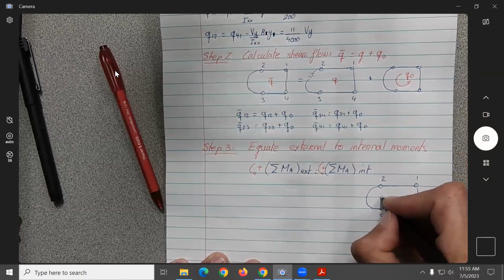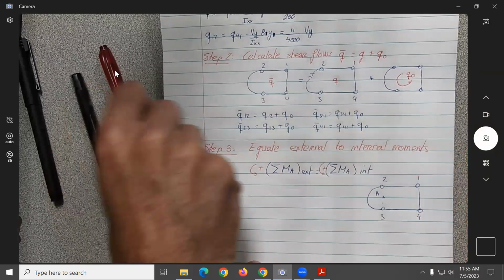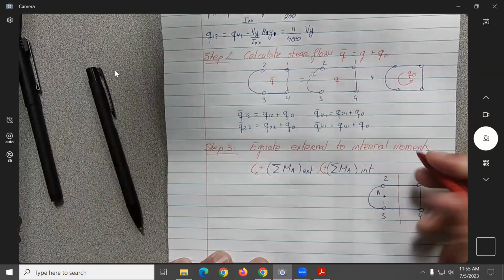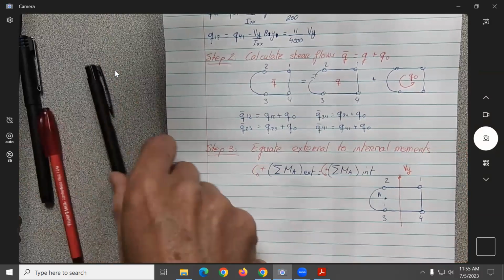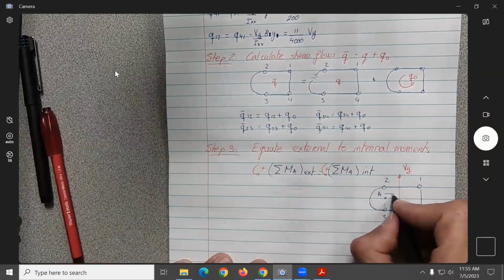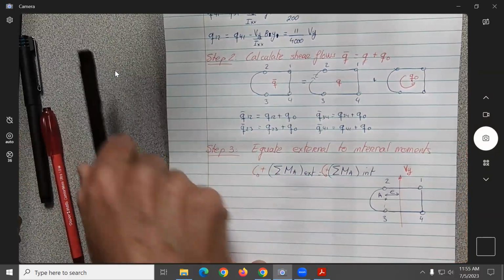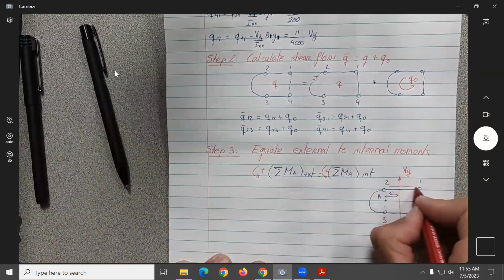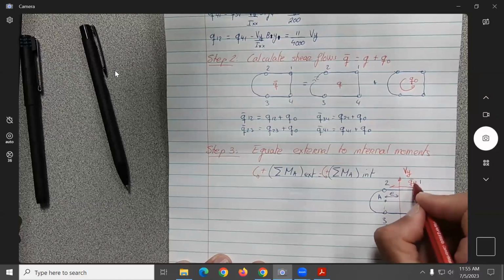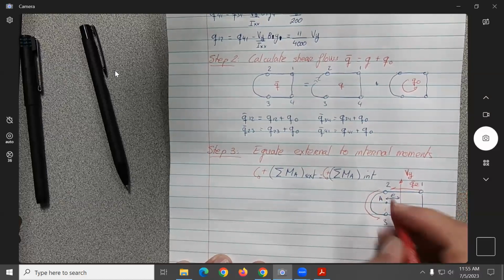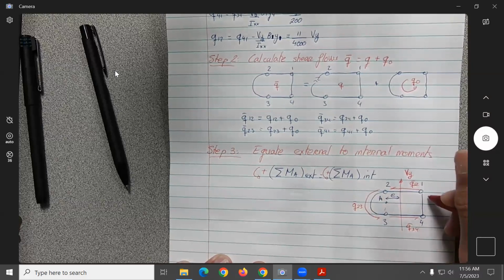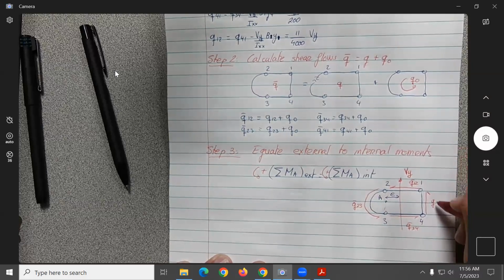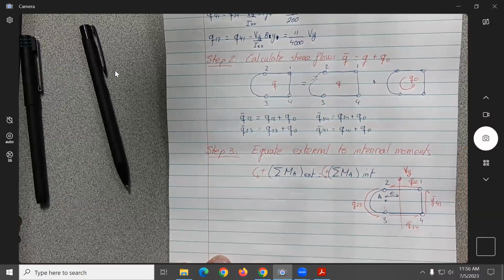So this is our point A. We say our force By was gonna go here to a point at a distance E, and we know here we have Q bar 1,2, Q bar 2,3, Q bar 3,4, Q bar 4,1.